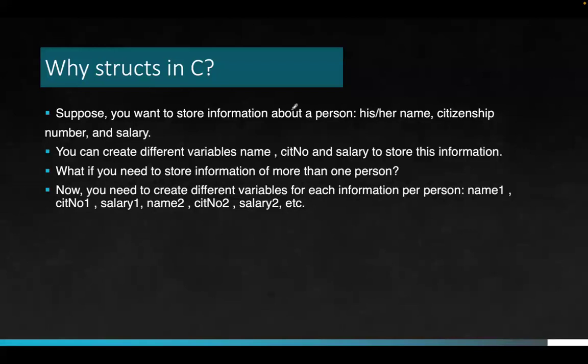You can store it. What if you want to store more than one person? In your society, you have 1,000 persons, right? So for these 1,000 persons, you need 1,000 into three. Three variables we are storing for every person. So 3,000 variables are needed to store every person's information, which is very difficult, right?